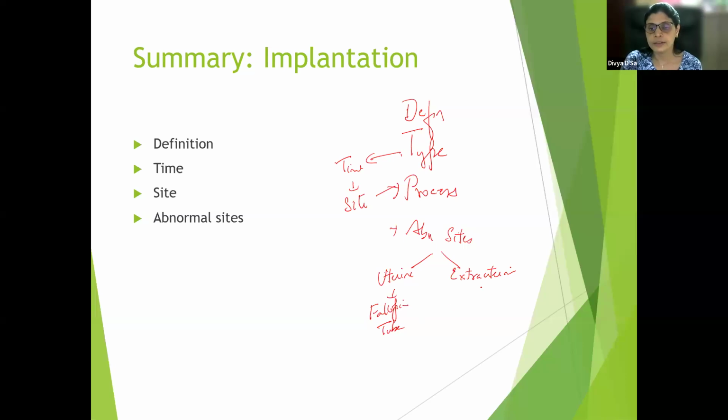In the abdominal, that is in the peritoneum, pouch of Douglas, or in the mesentery. Sorry, in uterine we had cervical also. Then we have it in the ovaries.